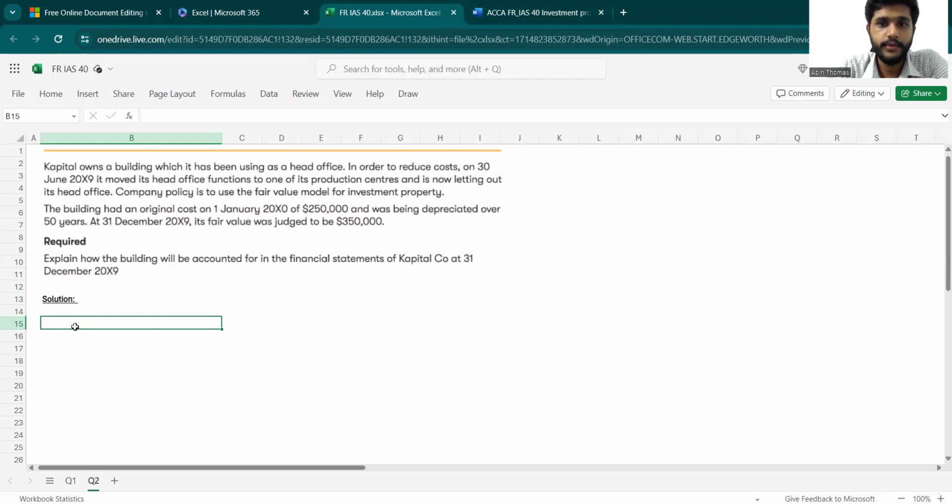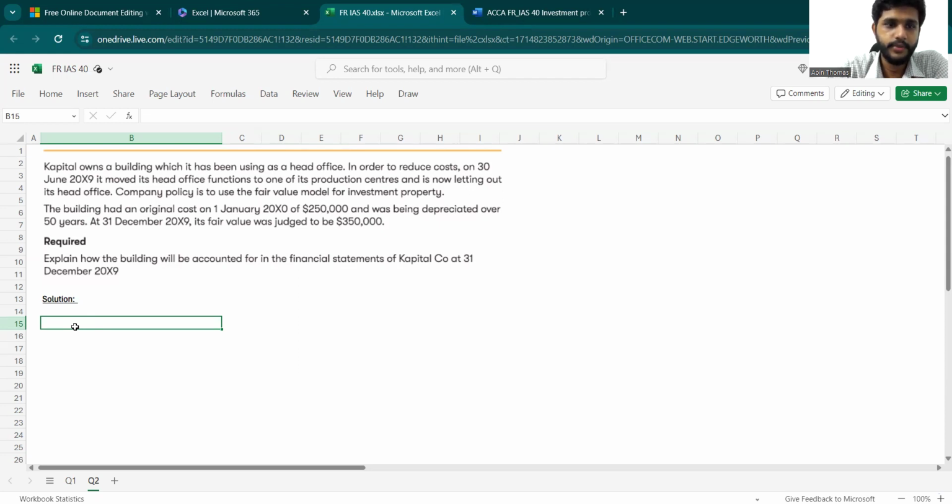And in order to reduce the cost, on 30th June 20X9, it moved its head office function to one of its production centers. They moved their head office function to another center, and they are now letting out the building. Letting out means they are renting it out, so they can generate rental income.